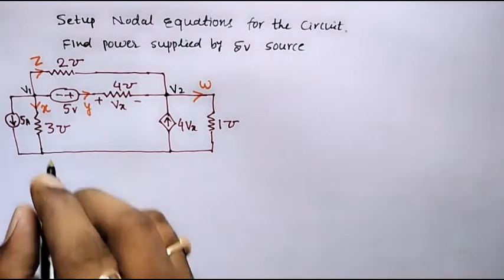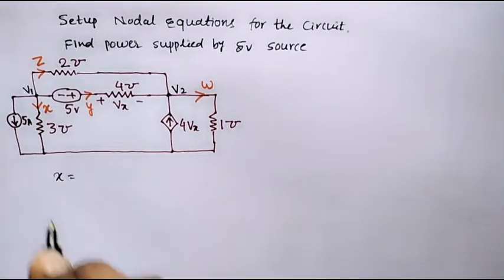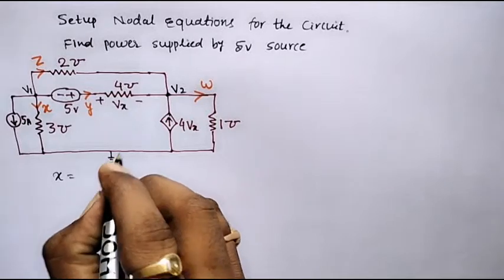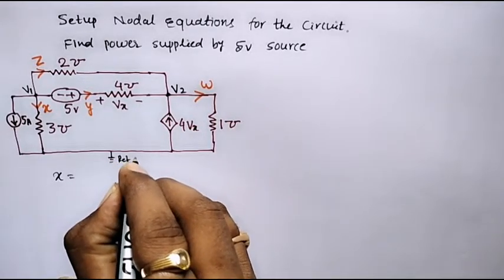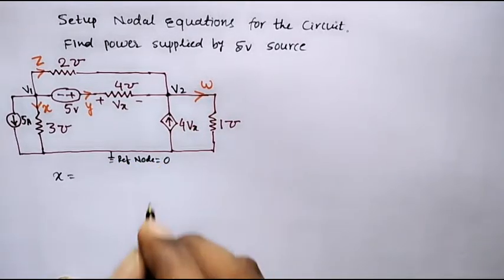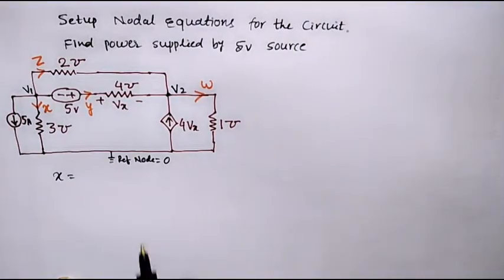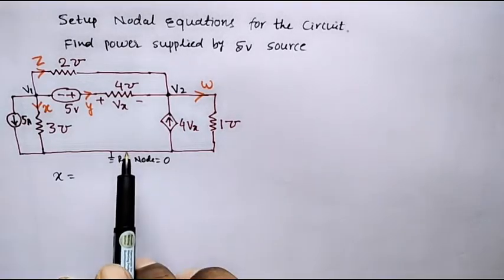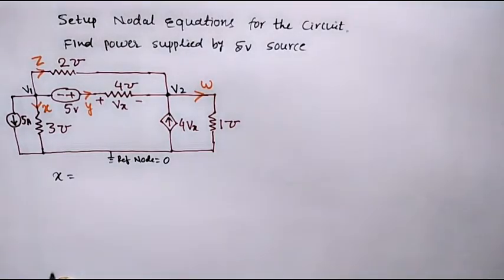So X can be represented as, let this be the reference node and its voltage is always 0. So we are supposed to calculate non-reference voltages with respect to the reference voltage.